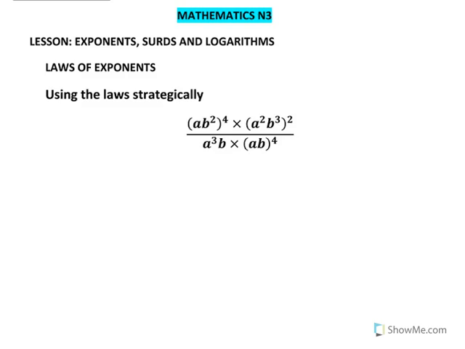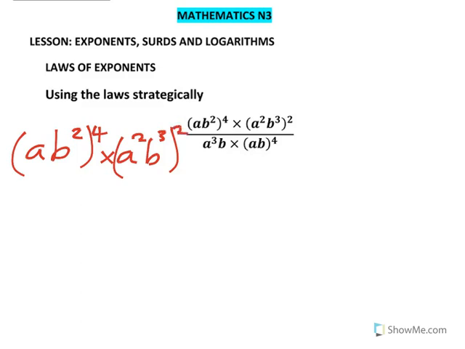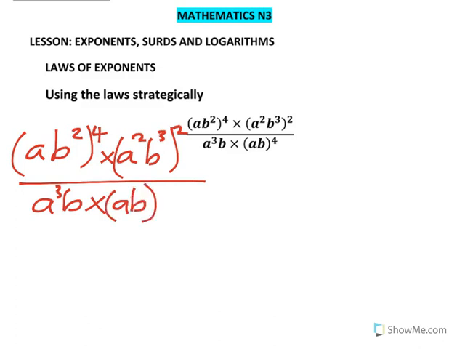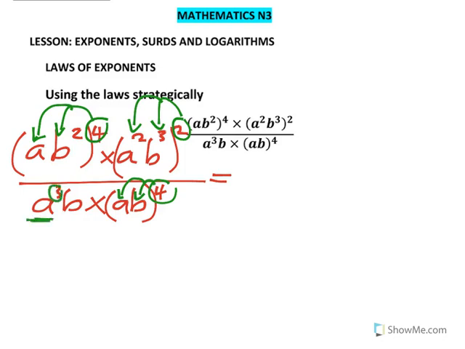Now, we are given (ab squared) to the power 4 times (a squared b cubed) to the power 2, all over (a to the power 3 b) times (ab) to the power 4, is equal to, now I'm analyzing, this 4 is affecting this b squared and affecting that a, and this 2 is affecting that b cubed and affecting the a squared, and this 4 is affecting the b and affecting the a, and the 3 here is only for a, not for b.